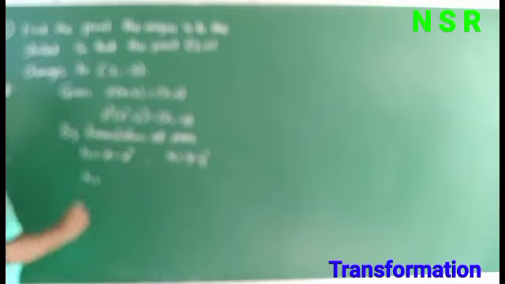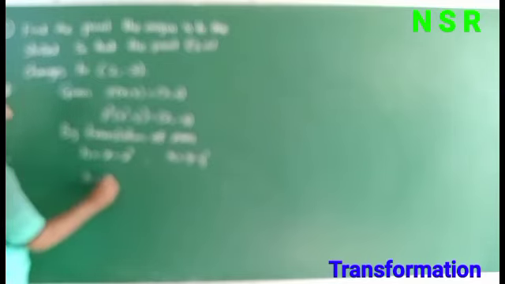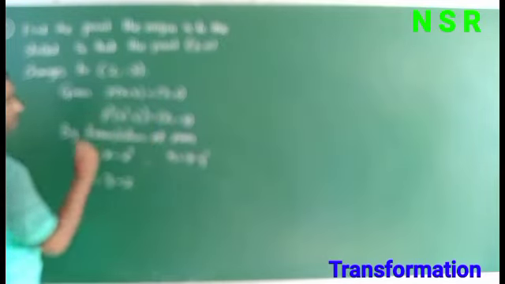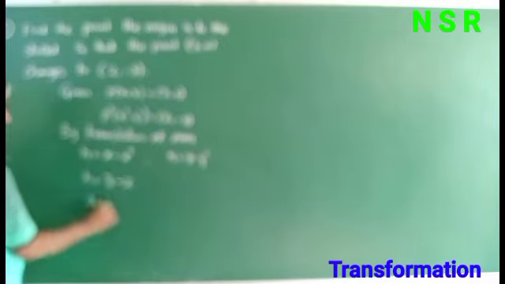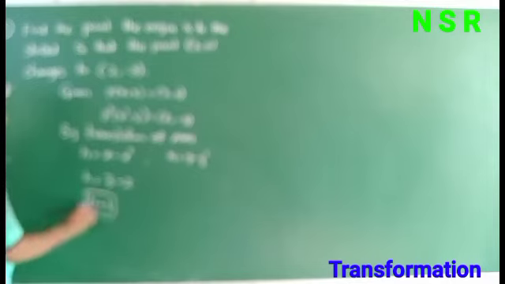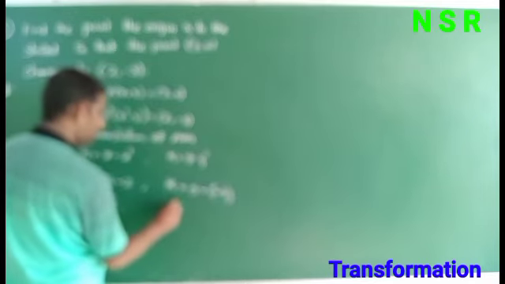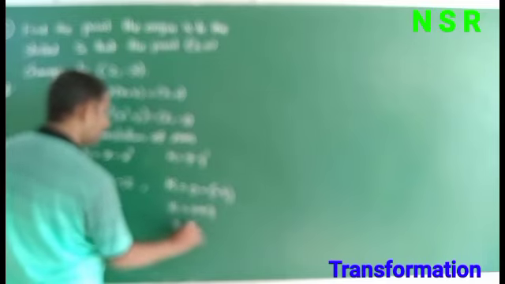Now h is equal to x minus x dash, 3 minus 2, x value 3, x dash value 2, so h is equal to 1. Next, k equals 0 minus of minus 3, so k equals 0 plus 3, which is equal to 3.